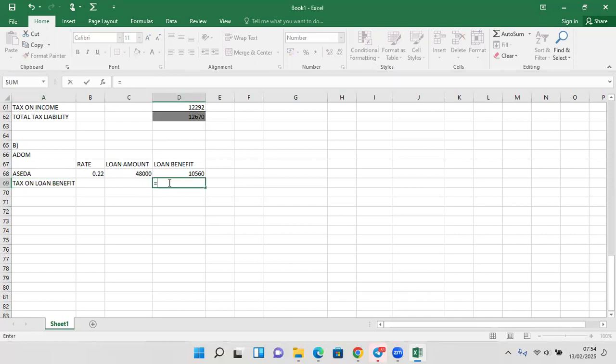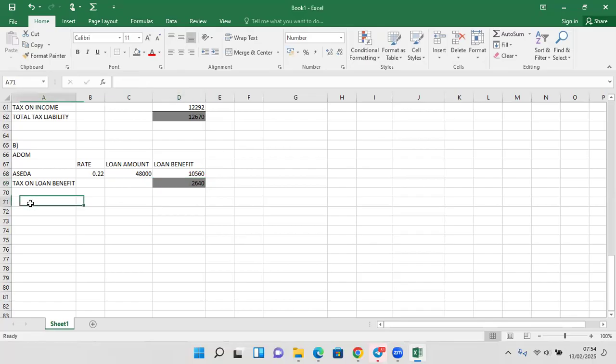It is going to be equal to 0.25 times this. So this will be the tax on her loan benefits.